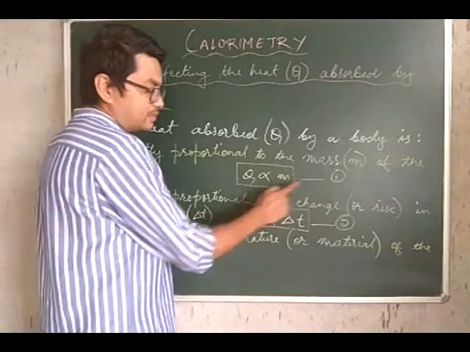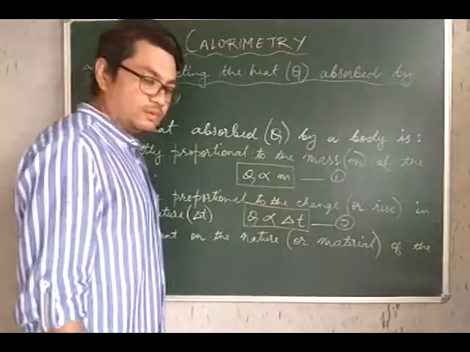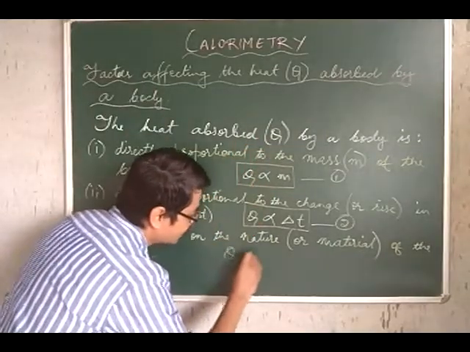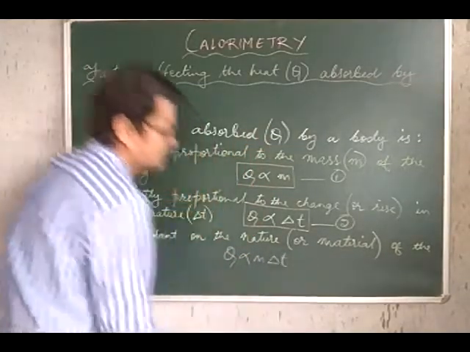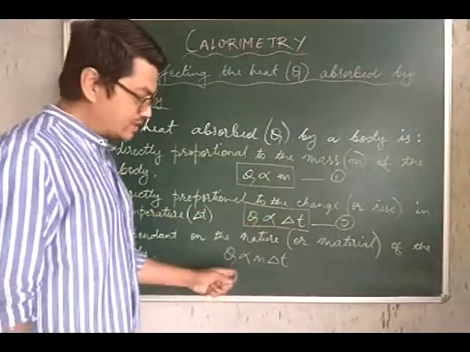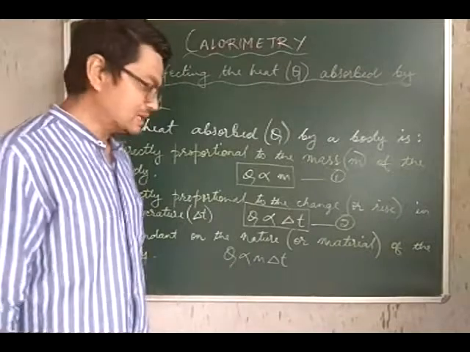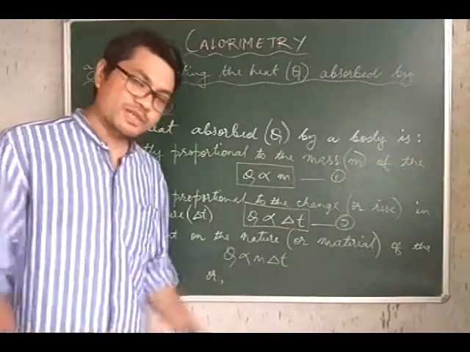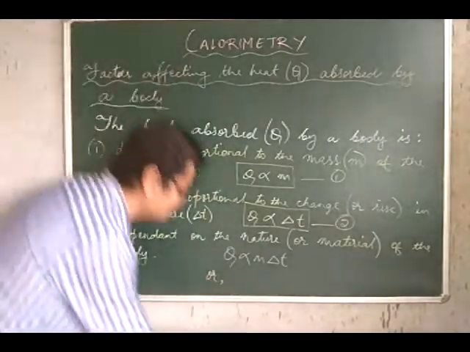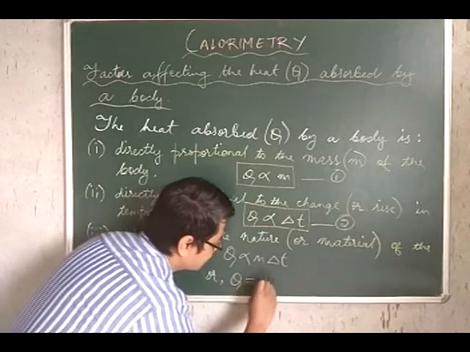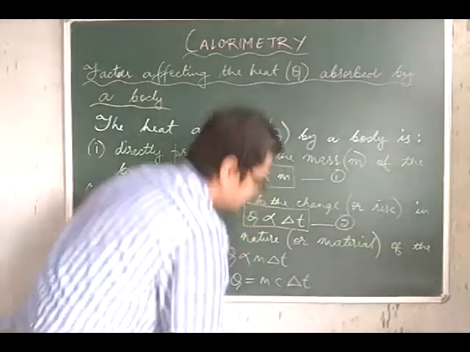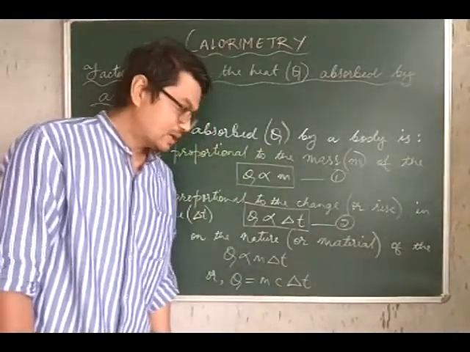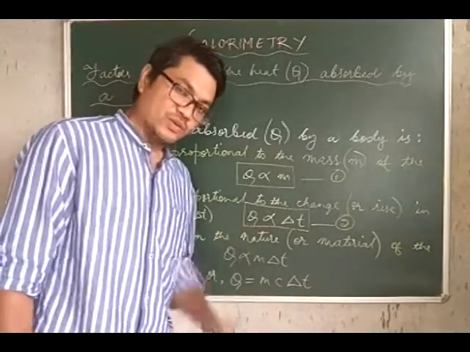Now, combining relation number 1 and relation number 2, we get a third relation, which is Q is proportional to M delta T. Now, a proportionality sign can always be replaced by an equal to sign, provided we add some constant, and therefore we get Q is equal to MC delta T, where C is the constant of proportionality that we are adding here. Now, this is a very, very important constant for you all, remember.